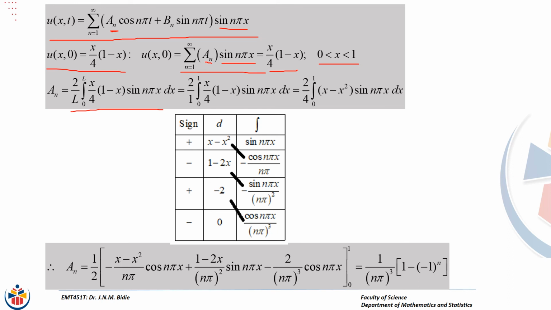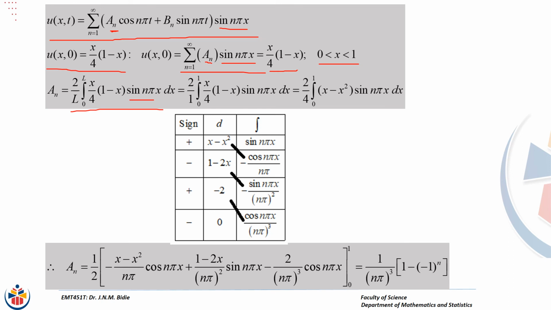Remember, in the last problem, we had 1. Here, it's not 1. We have to use x over 4 into 1 minus x multiplied by that sine n pi x that was multiplying an under the summation. It must come under the integral sign. And we're integrating with respect to x.